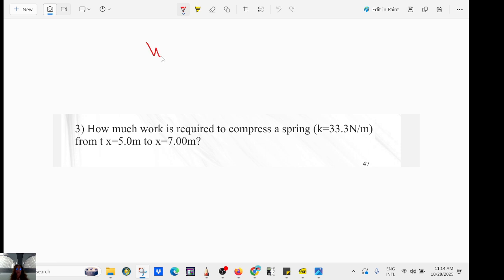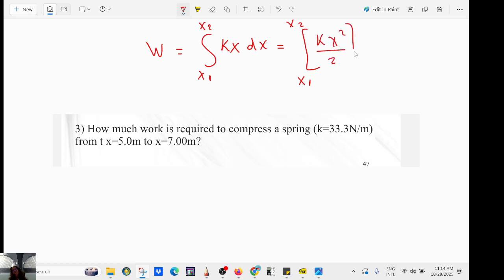So the work done, let's do it this way, from x1 to x2. So that will be the force applied times delta x. So that will be going from position 1 to position 2, x squared over 2. So that's why you have to be careful.